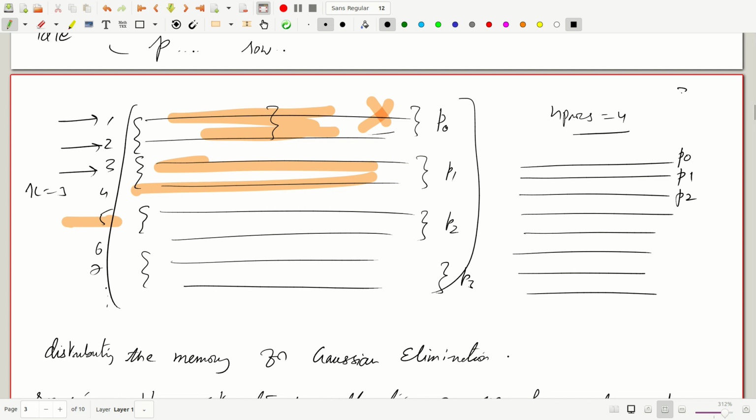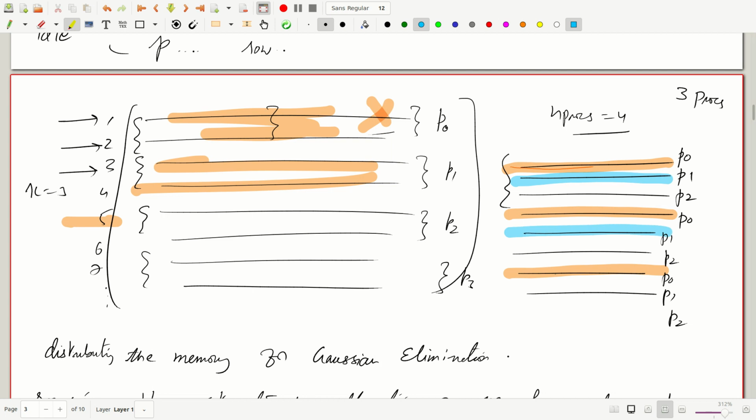Then again I would give the 4th row to P0, then P1, P2, and then P0, P1, P2. That way P0 would get the first row, the 4th row, the 7th row, and so on, and process 1 would get this one, this one, this one.